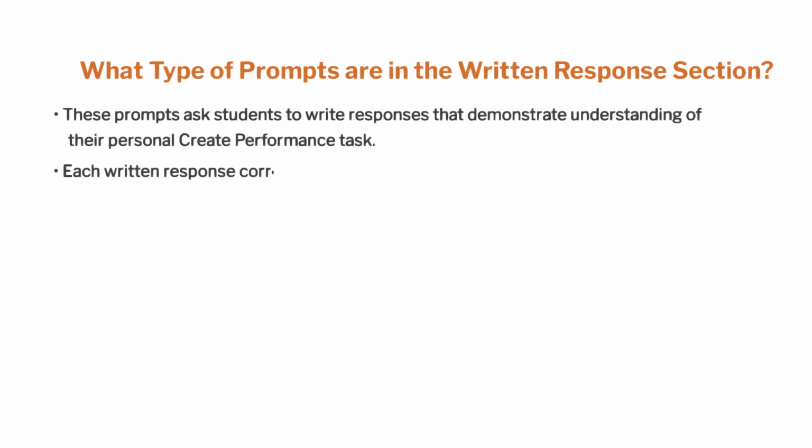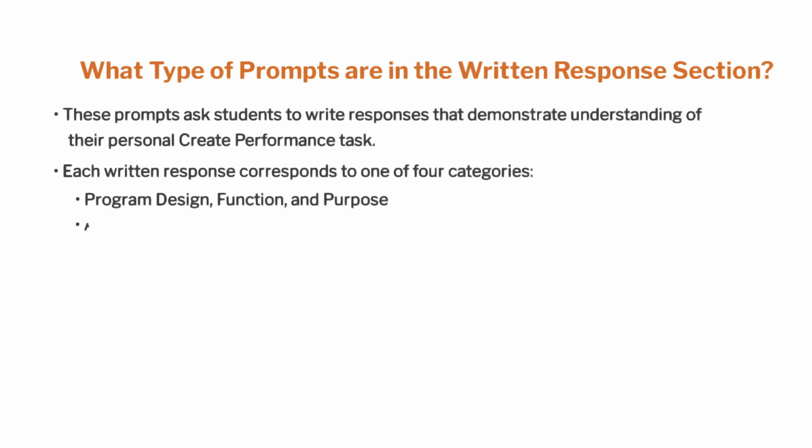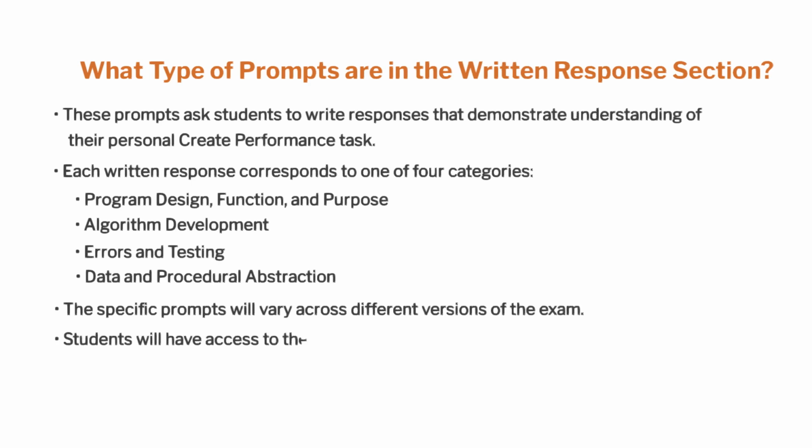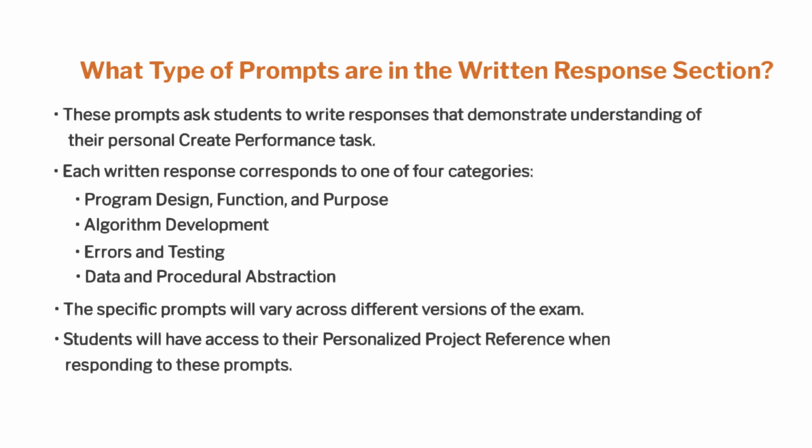Each written response corresponds to one of 4 categories: program design, function and purpose, algorithm development, errors and testing, data and procedural abstraction. The specific prompts will vary across different versions of the exam. Students will have access to their personalized project reference when responding to these prompts. Students will have 1 hour to respond to these 4 written response prompts.